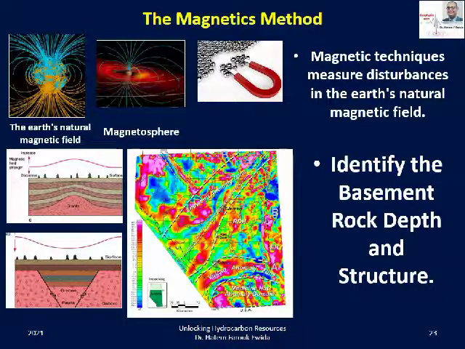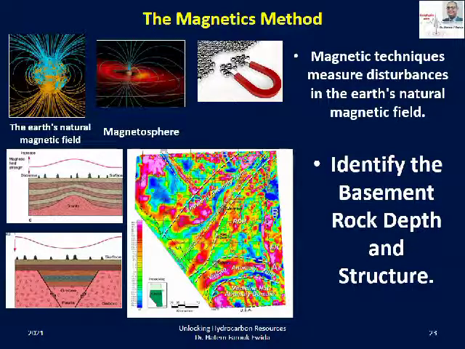So this is the importance of the magnetic method, and I use it when I explore in a new, unknown area, an area that doesn't have any subsurface information. The magnetic method is cheap compared to seismic, and I can have models like cross sections, as you see here, or I can also have maps. From these maps and cross sections, I identify the basement depth and structure.